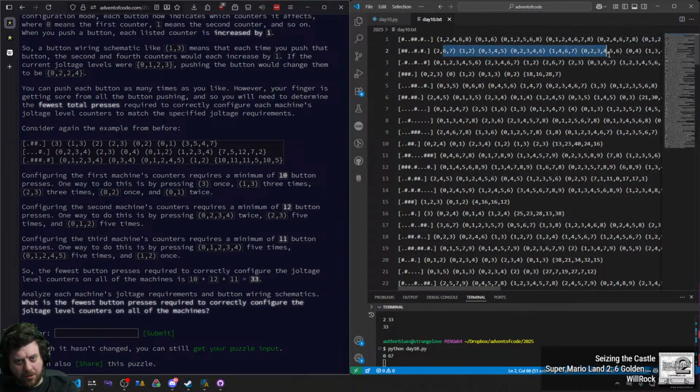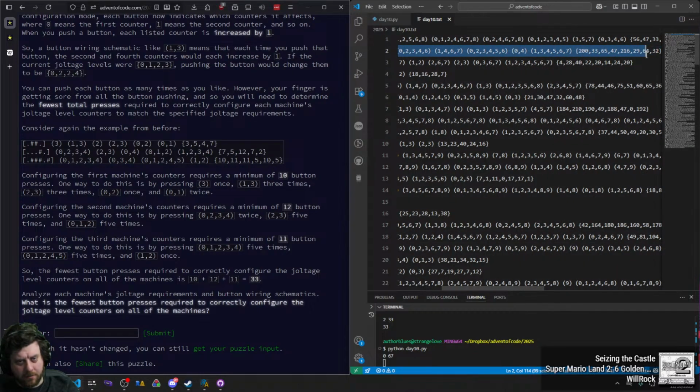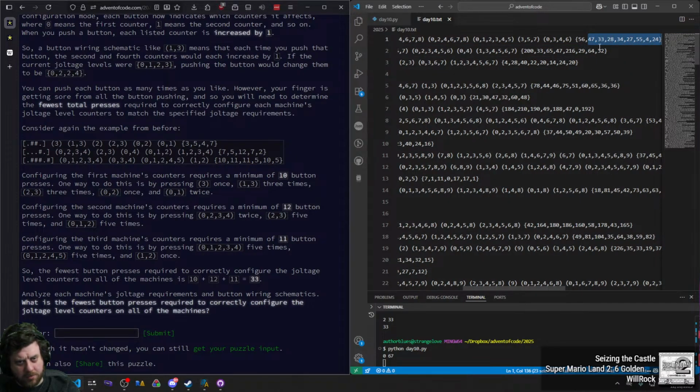Is this one really so nasty? How many buttons are there? It's really just because of these values being a little larger. These were pretty small values.